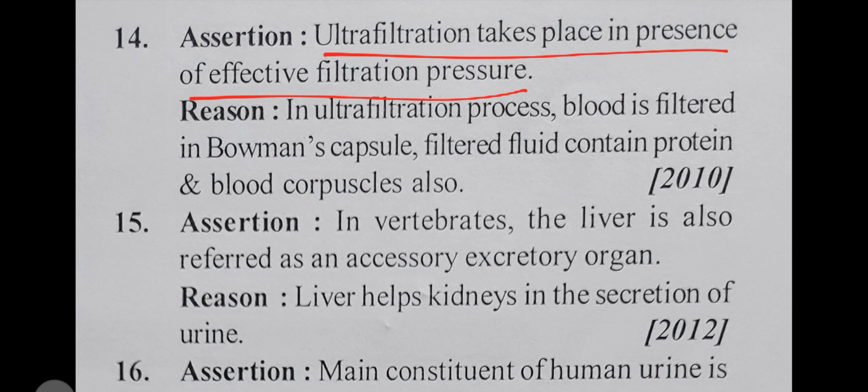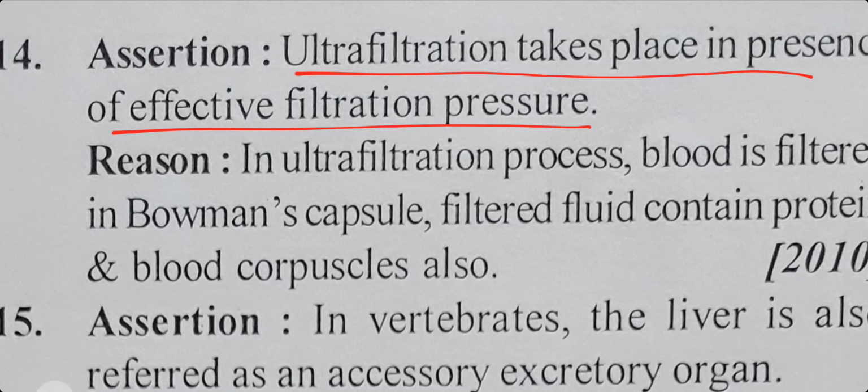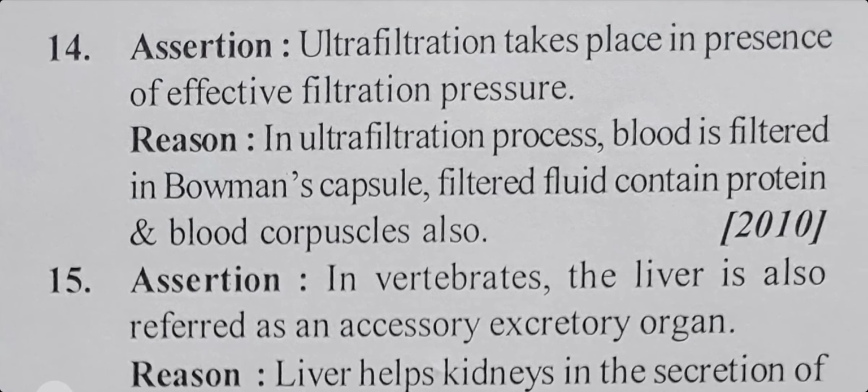During this process, blood is filtered and contains only blood plasma, that is proteins. The filtered blood will enter into Bowman's capsule, called the glomerular filter. So the statement given is true.